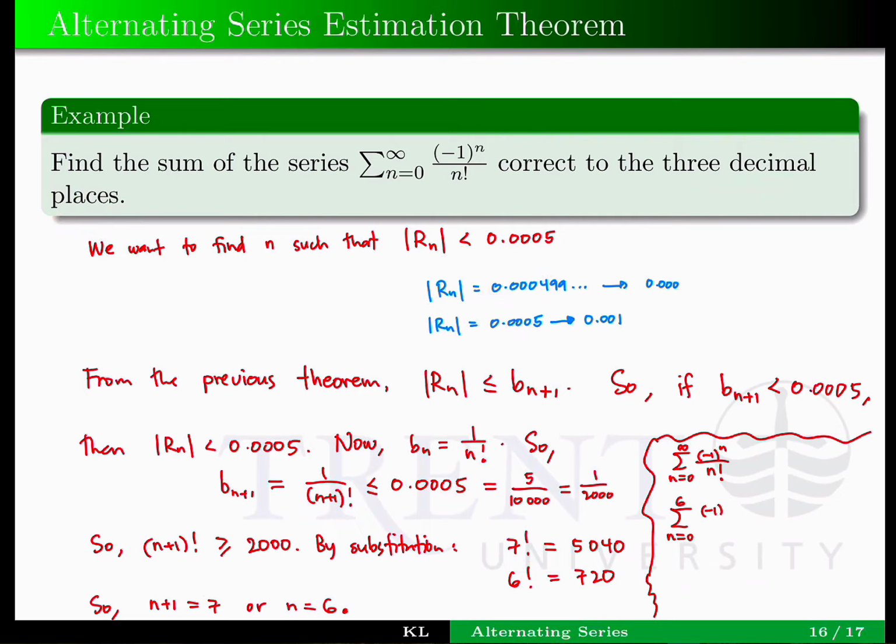You also try to get the sum n equals 0 up to 7, and say, let's take the sum n equals 0 up to 5 of negative 1 to the n over n factorial. Then you get the difference between the full sum minus each of these. And you check which one, 5, 6, or 7, is the smallest number that will satisfy this condition.